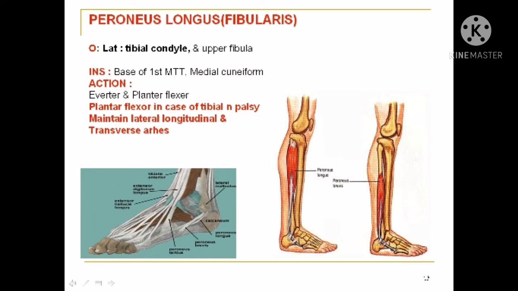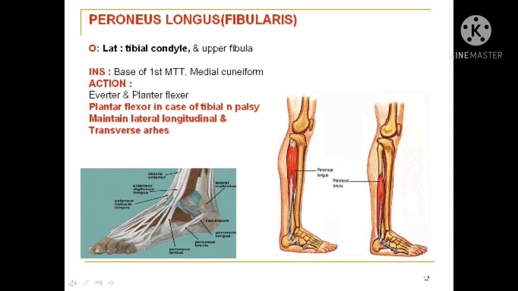The Peroneus longus muscle arises from lateral tibial condyle and upper fibula. Its tendon passes beneath the peroneal retinaculum and behind the lateral malleolus and goes obliquely toward the first metatarsal bone and medial cuneiform bone on the plantar aspect of the foot.